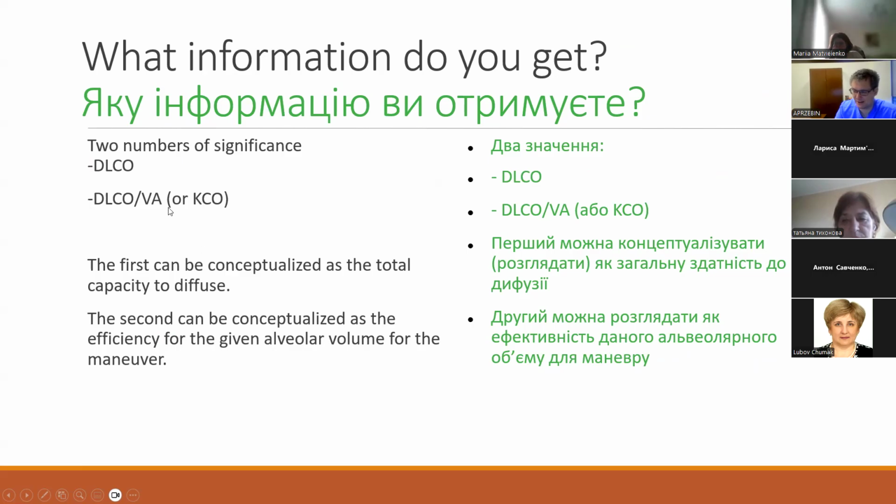And this you can think of as kind of an efficiency of the lung. So the initial one is just how much can you move, how much can you transfer. The second one is for that alveolar volume that you did the maneuver at, how much is transferred. And so it gives you some idea of efficiency of the unit.